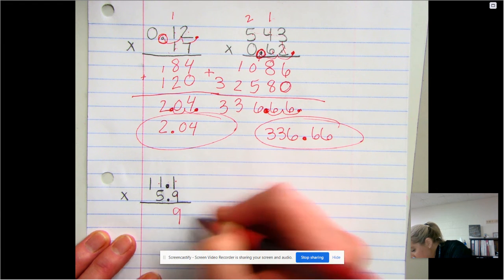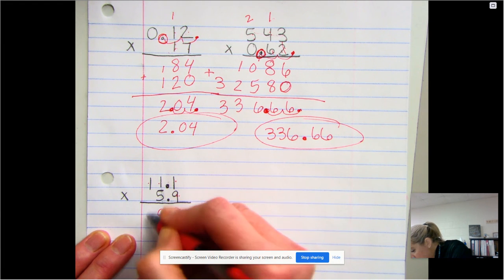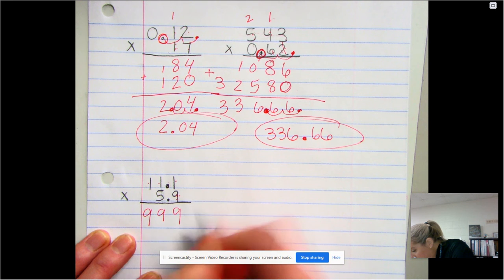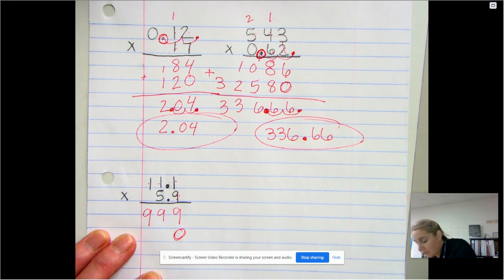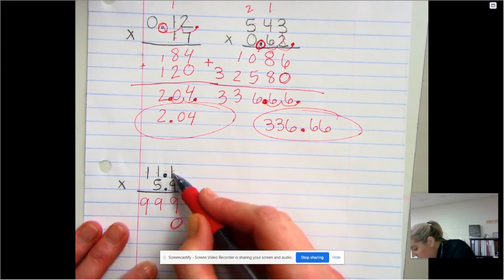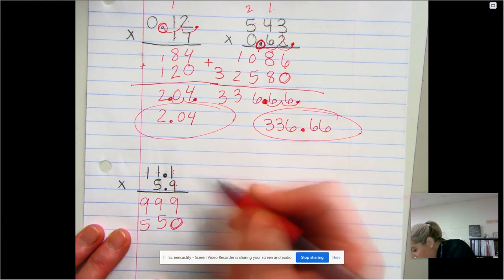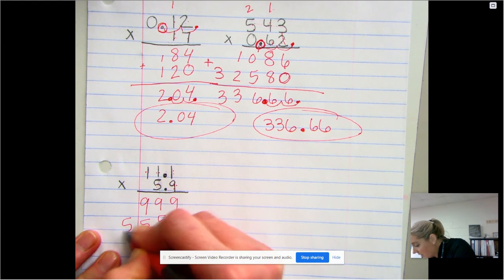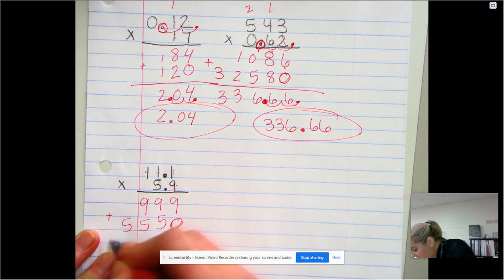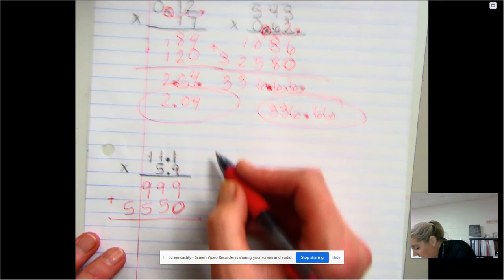Done with the 9, placeholder 0. 5 times 1. Go ahead and add just like normal.